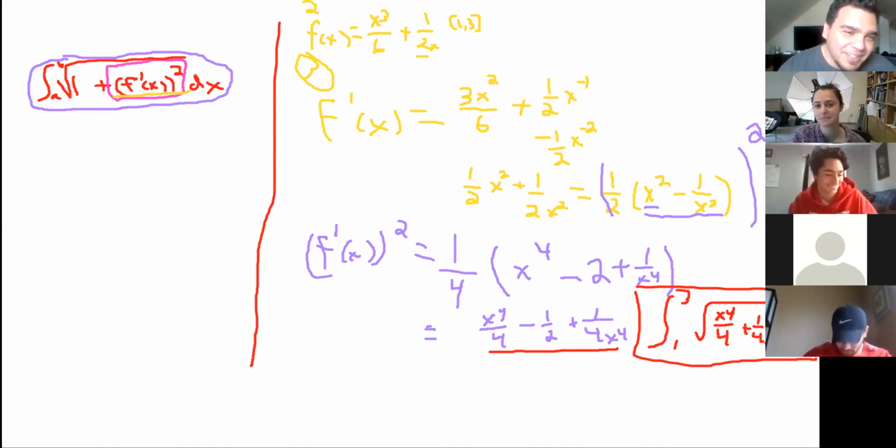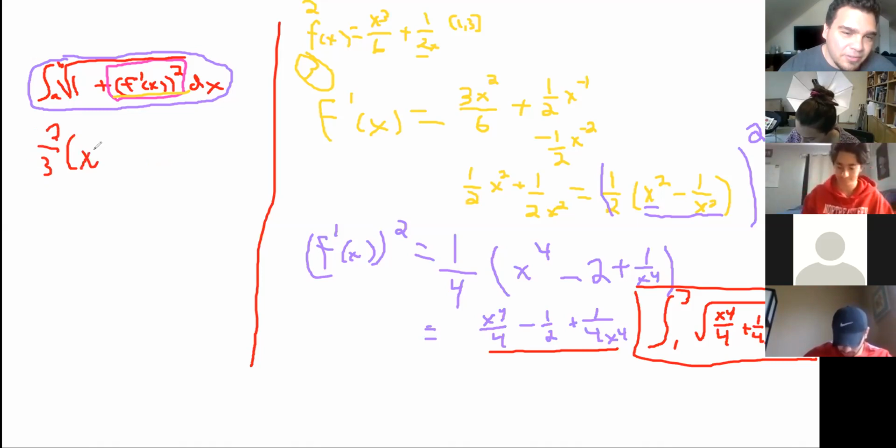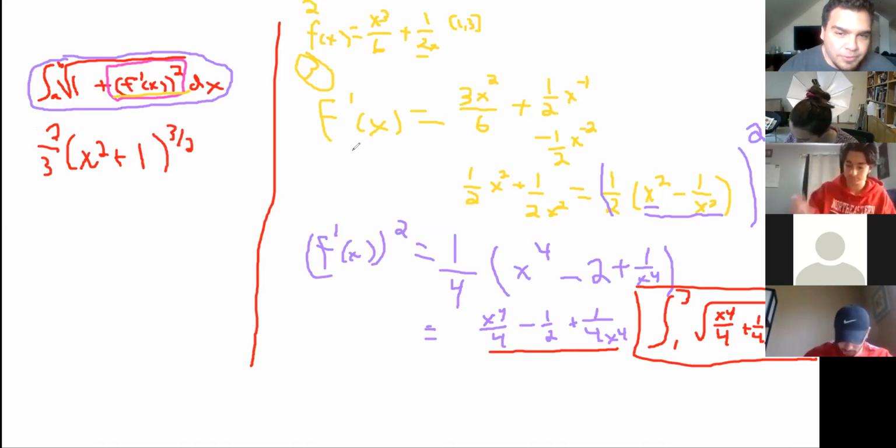Number 2 is 2/3 times x squared plus 1 to the 3/2 power from 1 to 4.